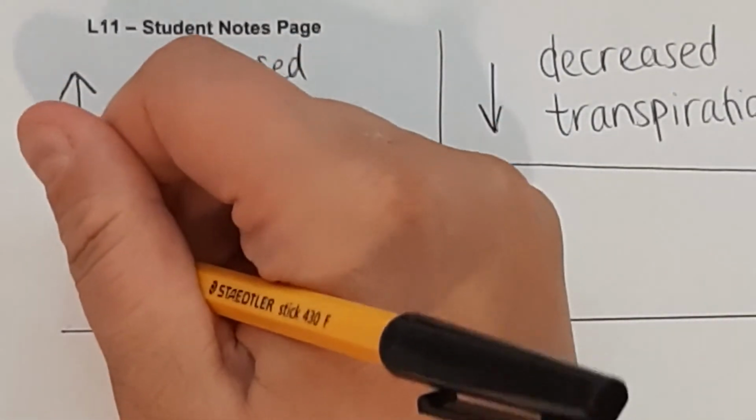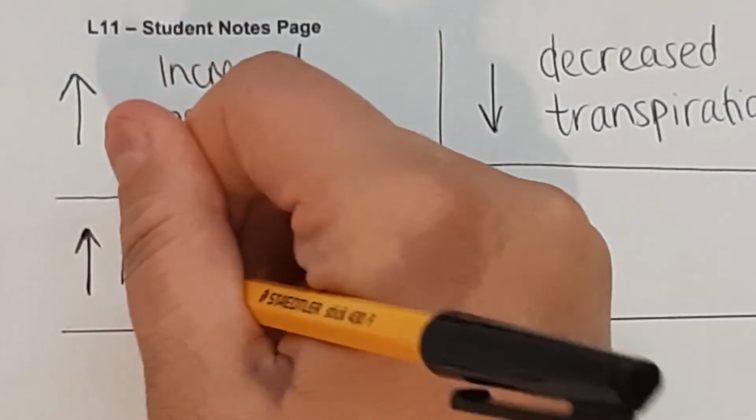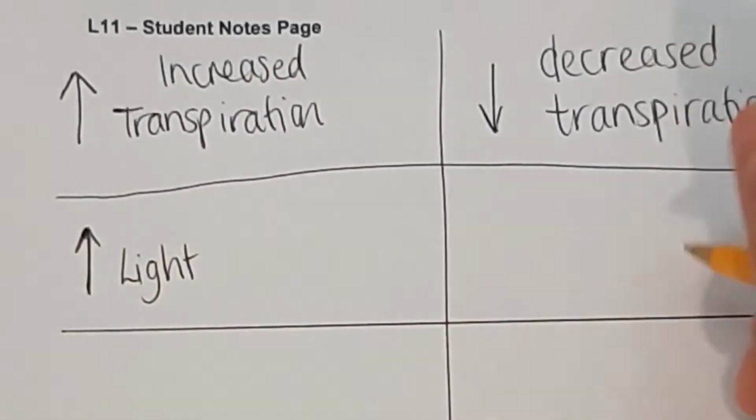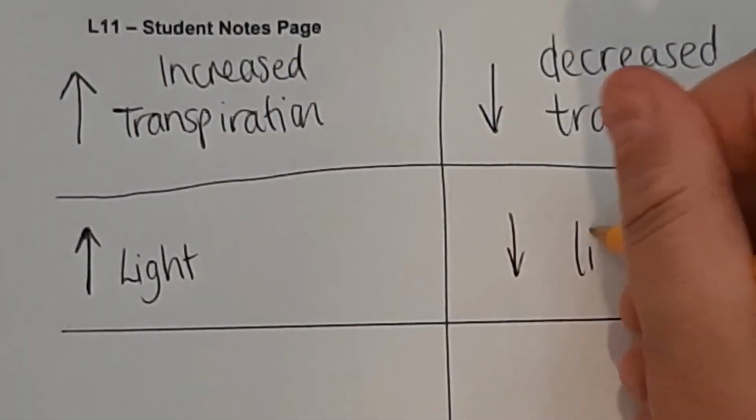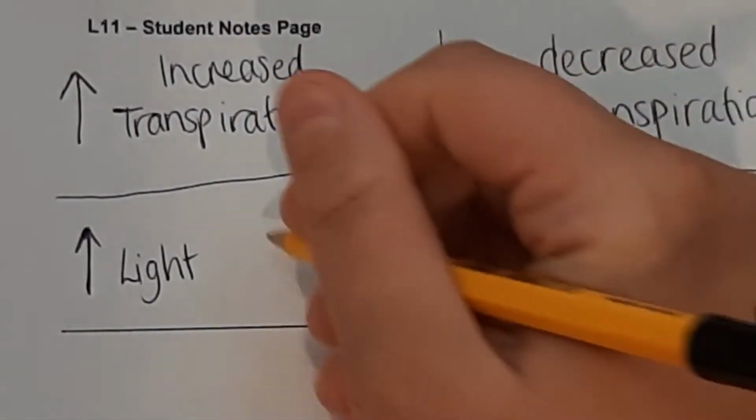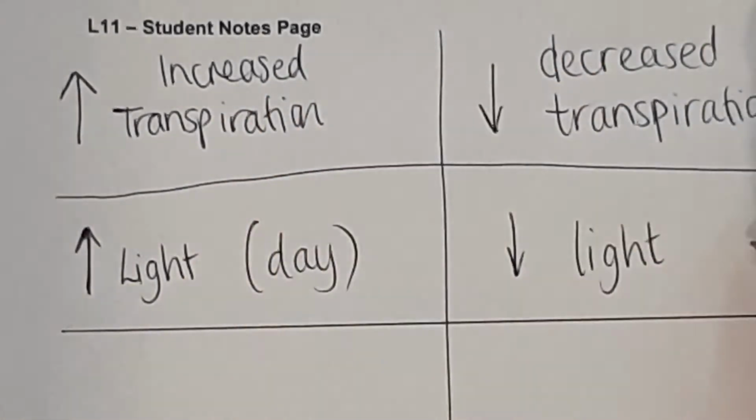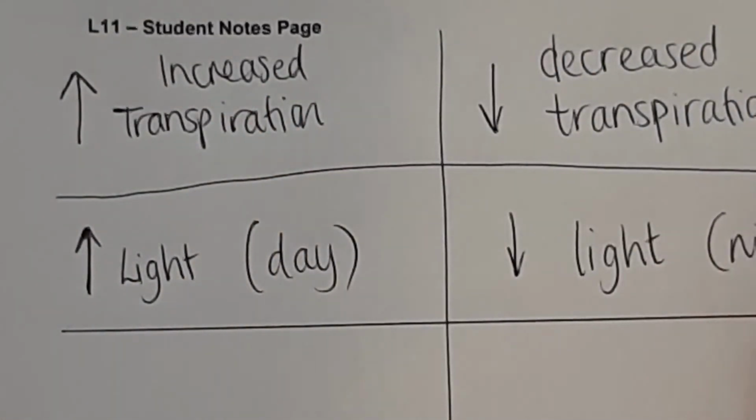Light intensity. So, increased light intensity or decreased light. Okay, so daytime and nighttime. The next one is going to be temperature.